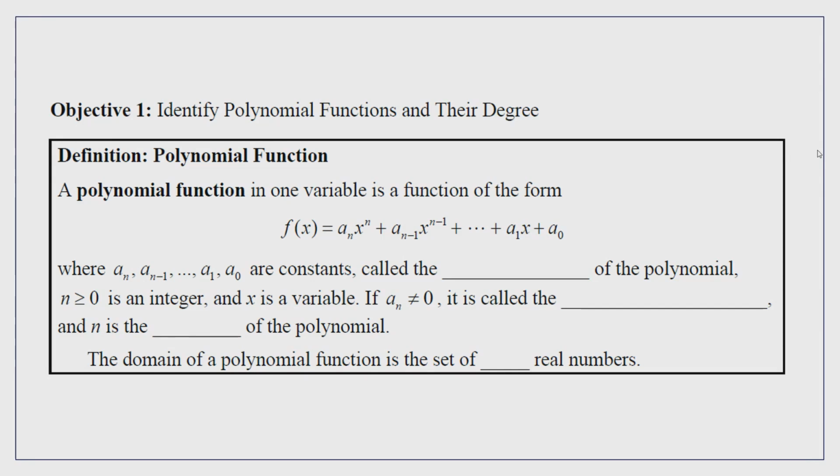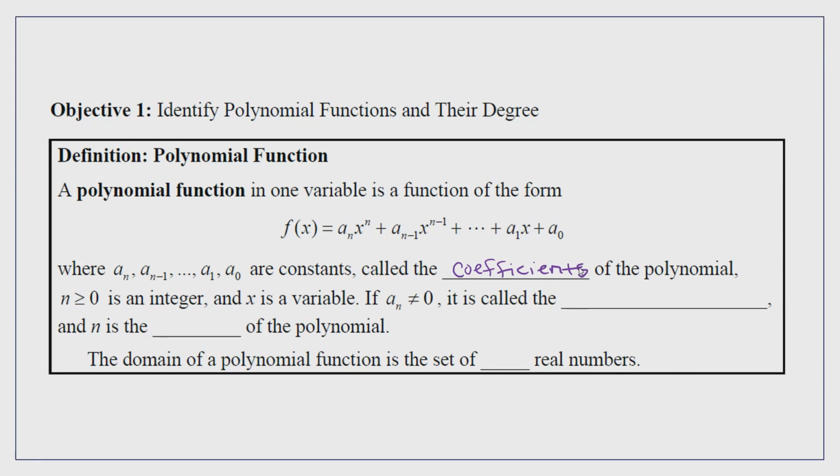So a polynomial function in one variable is a function of the form f of x equals a sub n x to the power n plus a sub n minus 1 times x to the power n minus 1 plus ... a sub 1 x plus a sub 0, where all of your a's are constants called coefficients of the polynomial. n is greater than or equal to 0, is an integer, and x is a variable.